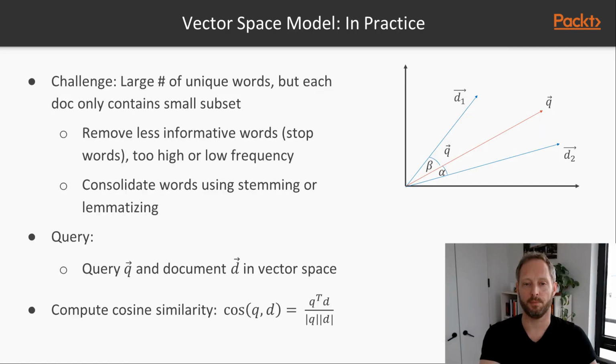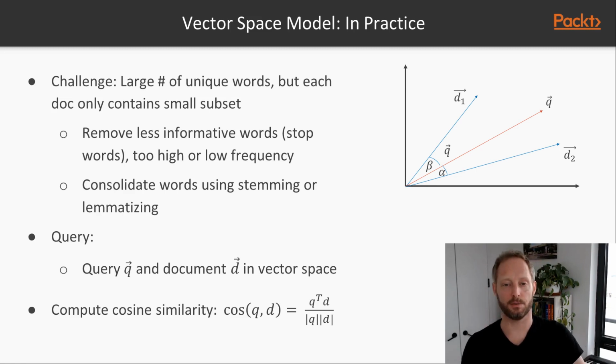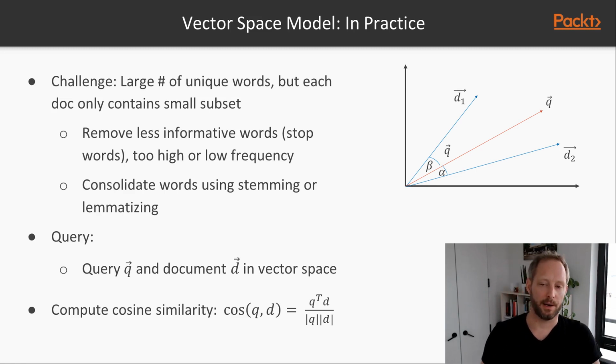So in practice, the challenge is that we have a very large number of unique words. These are all the unique tokens, which is what the individual terms are called, that make it into this matrix, whereas each individual document only contains a very small subset of those. And so if you look at Wikipedia, in English we have several 100,000 individual terms.